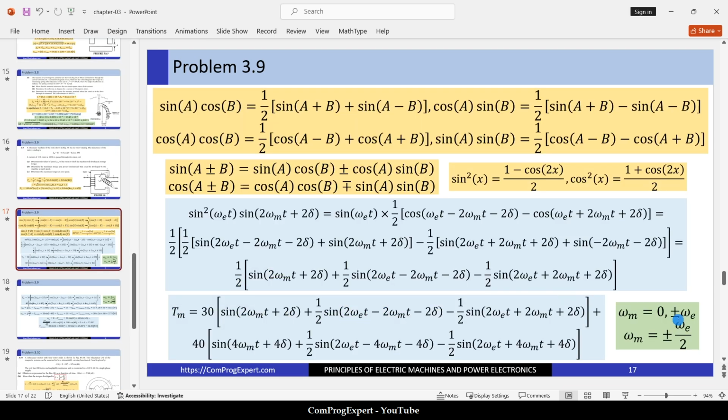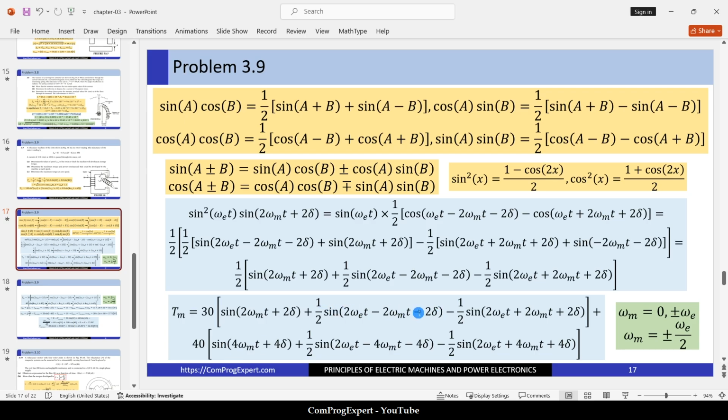So, what about other speeds? When the value of omega m is equal to positive omega e, yes, omega m is equal to omega e, this term is 0. Yes, but here we have omega m. The average value of this term is 0. This term is 0. The average value of these terms are also 0. We have this.